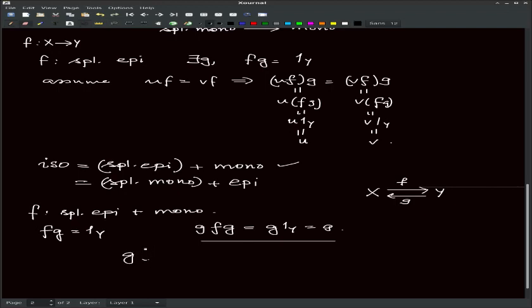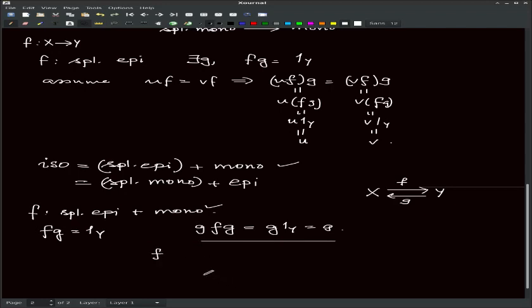FG is G1Y, that we did. That doesn't help. G has a right inverse, and it is also a mono. I have to use the fact that it is a mono.